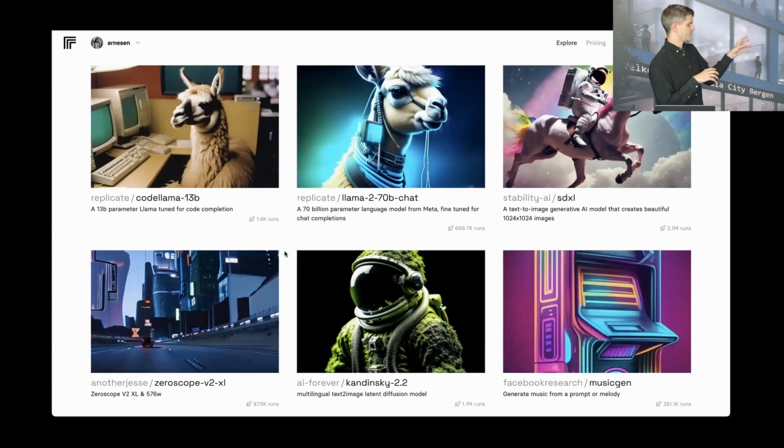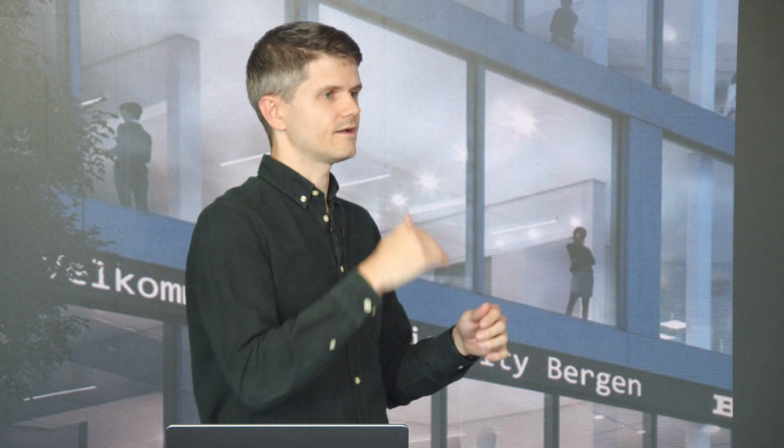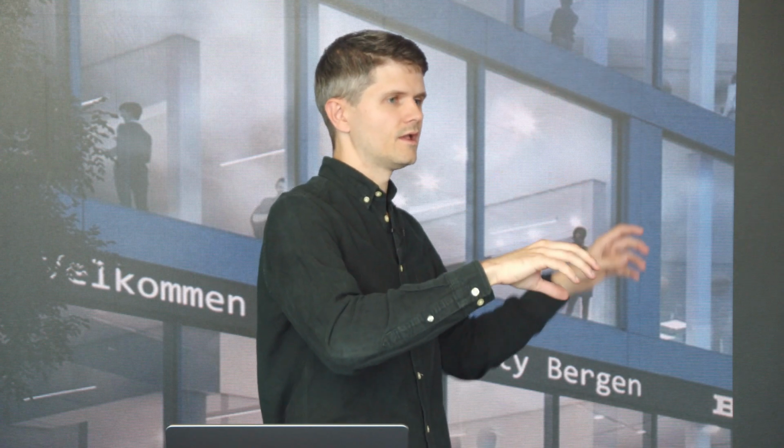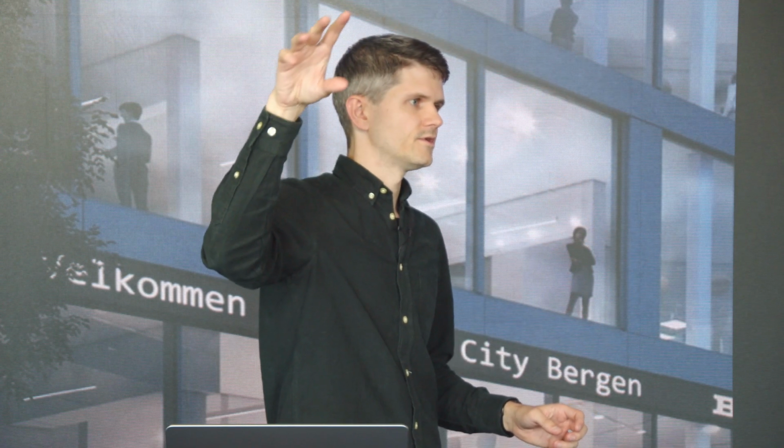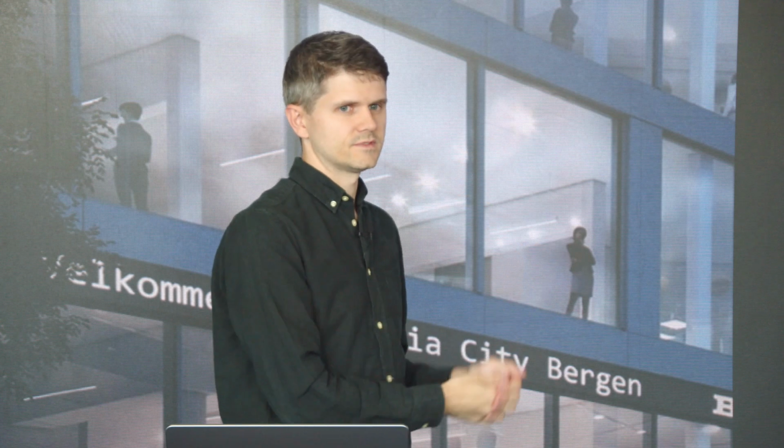This is also a good place where you can fork these models. So you can, in theory, say, I want to build a model based on this model, and you can continue training on it. If you find a model you like, you branch off it and work on it.